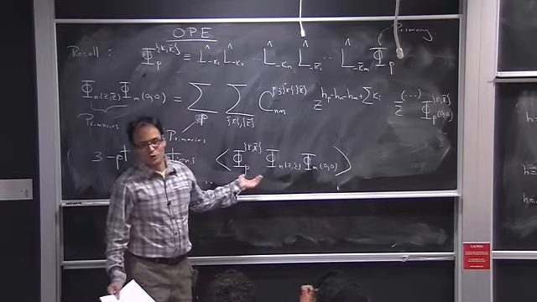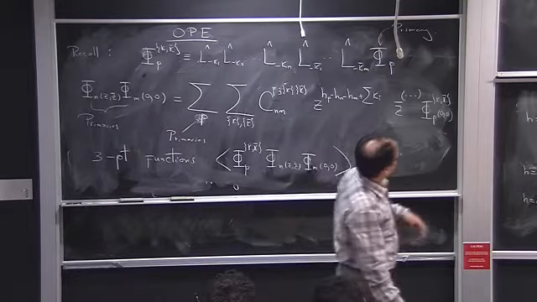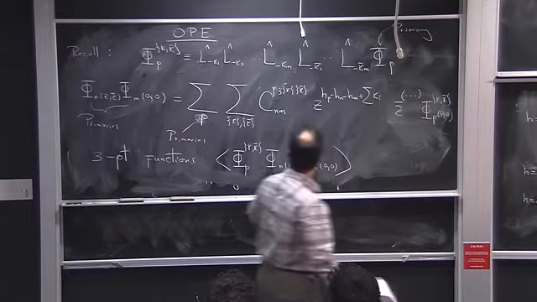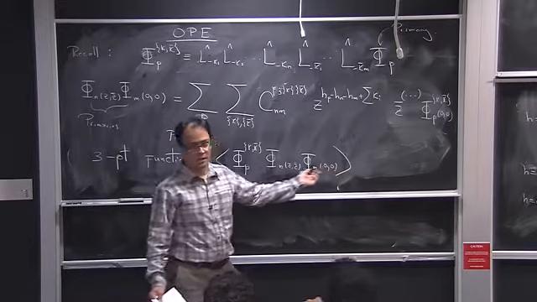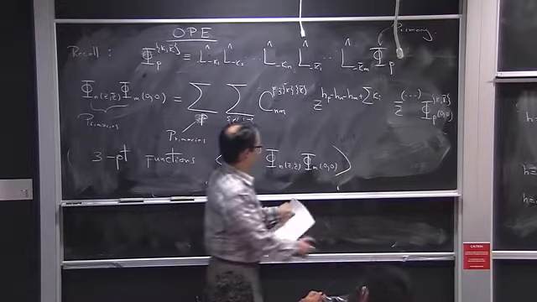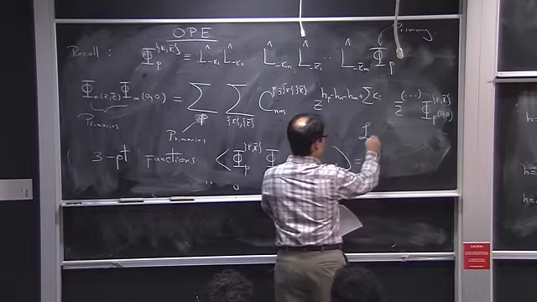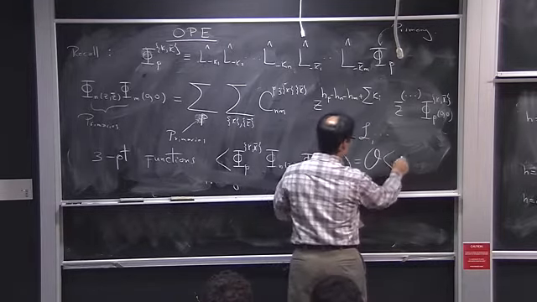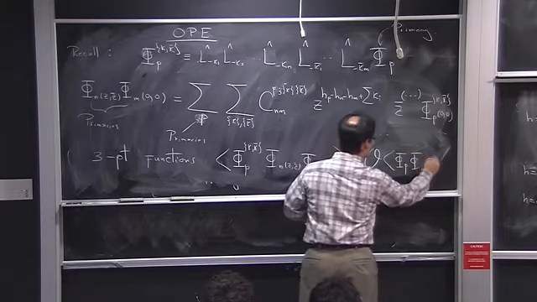Well, but now we know that we should not be afraid of these guys, right? By our theorem, this is some differential operator O made out of all these L's acting on the correlation function of the primaries.